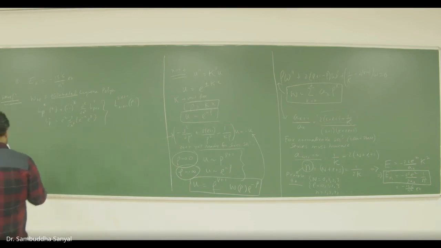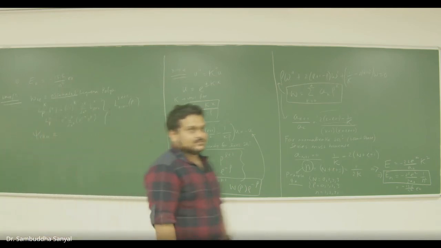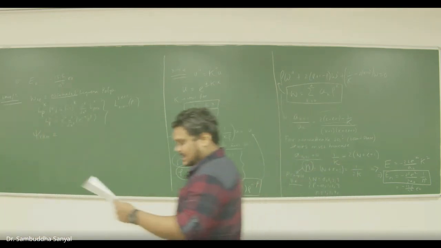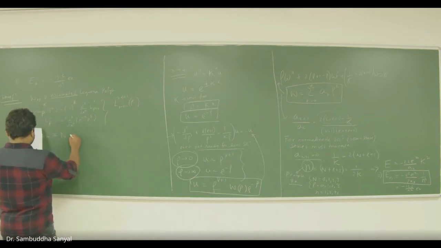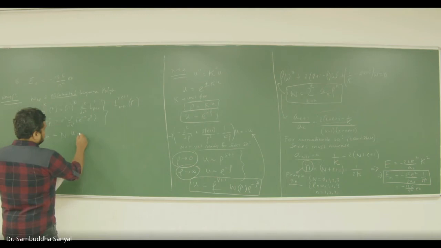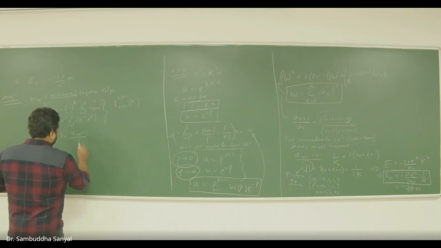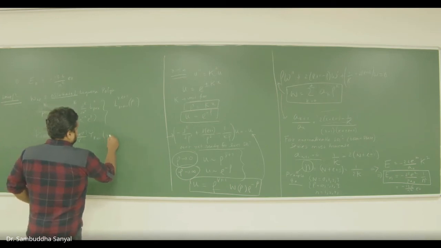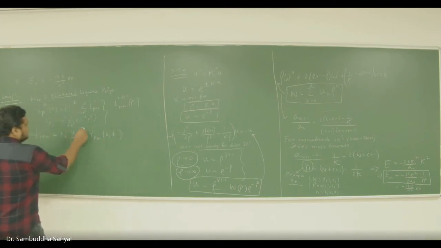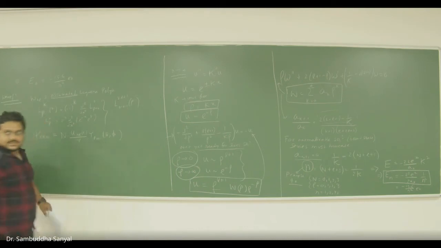So if I write down the full form, then my psi. I started with the u equation. Remember, I started with the u equation. The actual equation is u by r, the psi. So then it is, so I just discussed this R part. So there will be of course a theta phi part, which are the spherical harmonics.